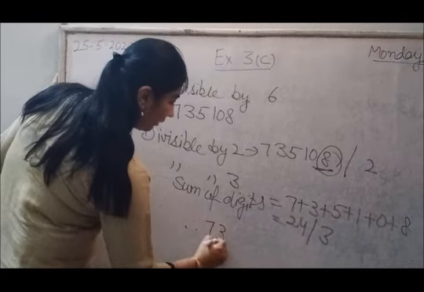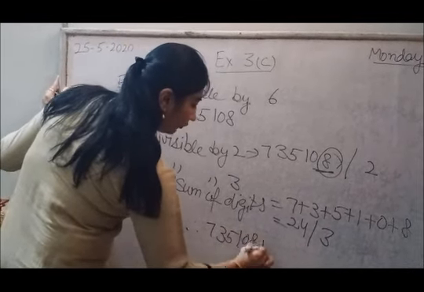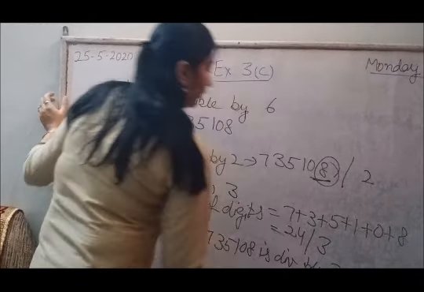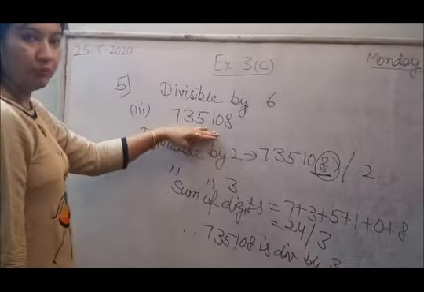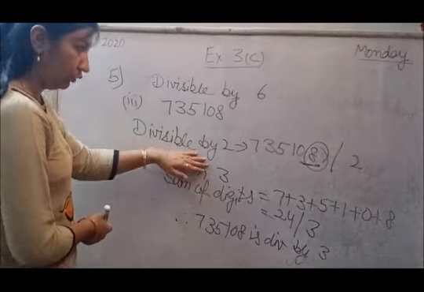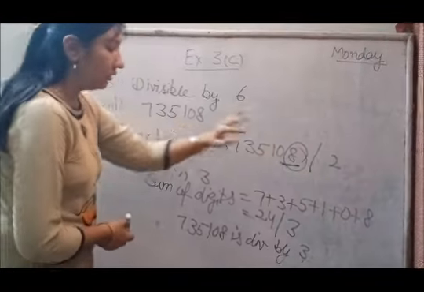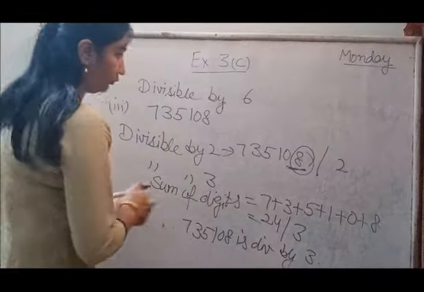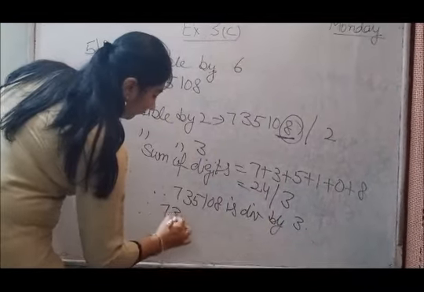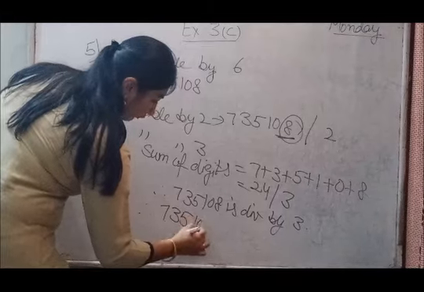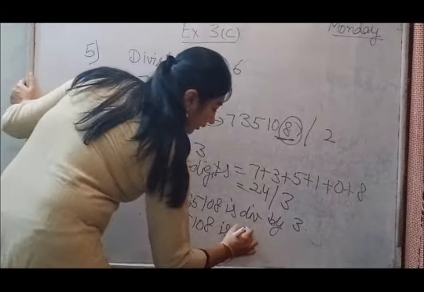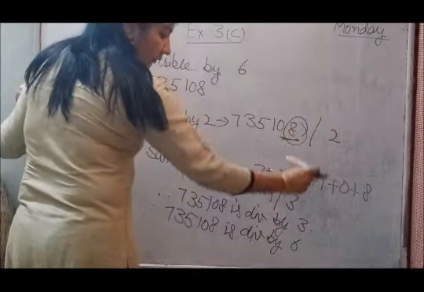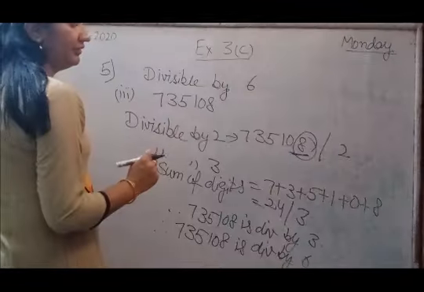Therefore, the given number is also divisible by 3. Now, this number was given to you. We have checked its divisibility by 2, it is divisible by 2. We checked divisibility by 3, it is divisible by 3. Therefore, 7,35,108 is divisible by 6 also, because it is divisible by 2 as well as by 3.